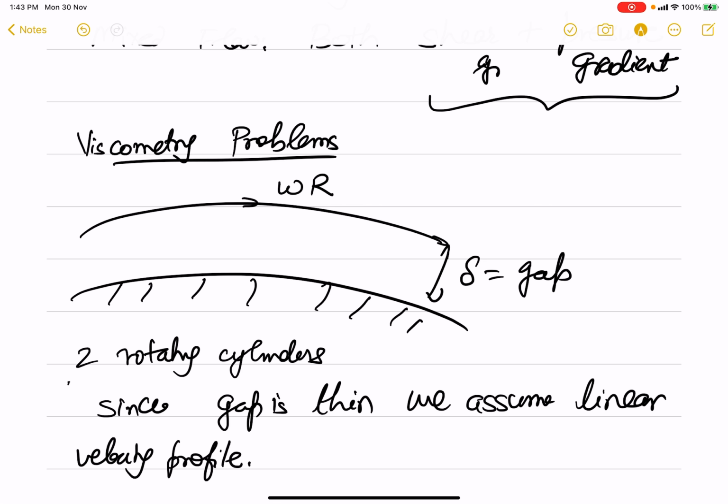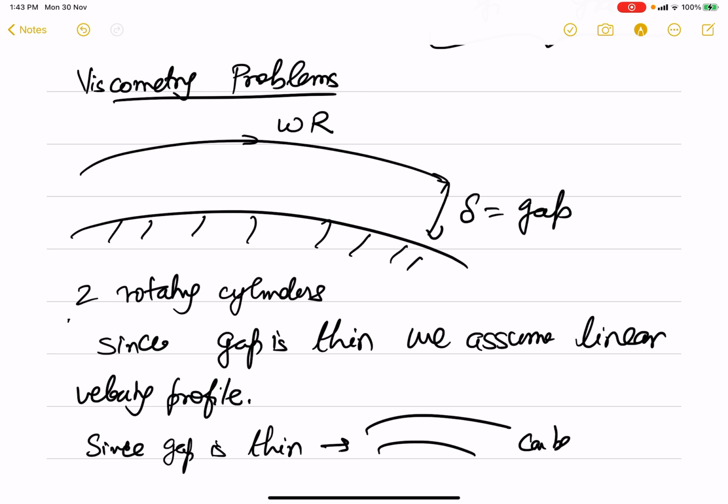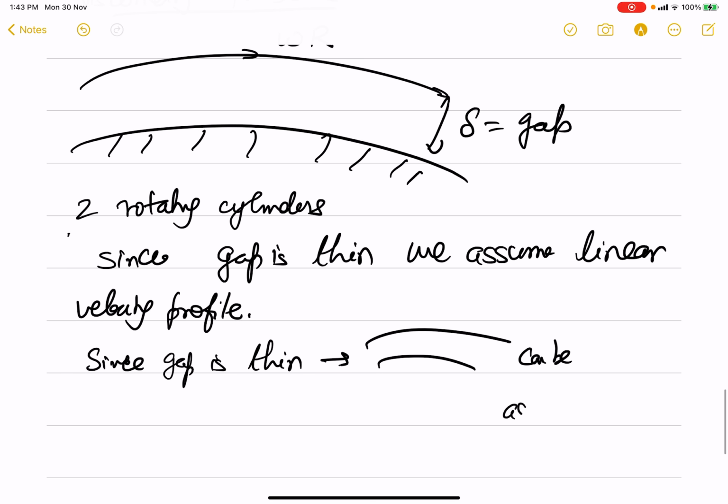Well, if we look in the detail of this argument, what we were saying was that since the gap is thin, the circular part can be assumed to be a straight part.